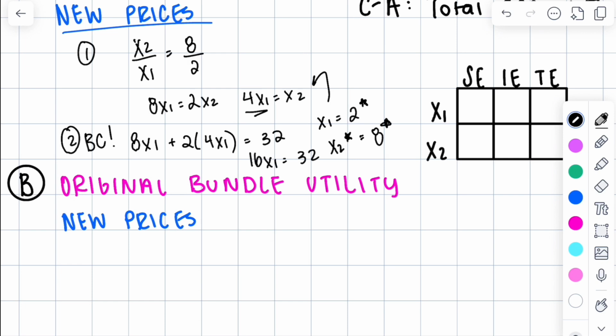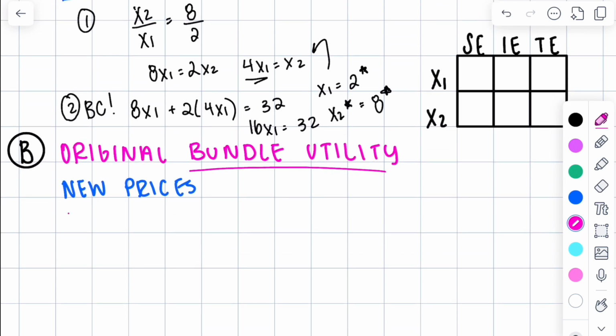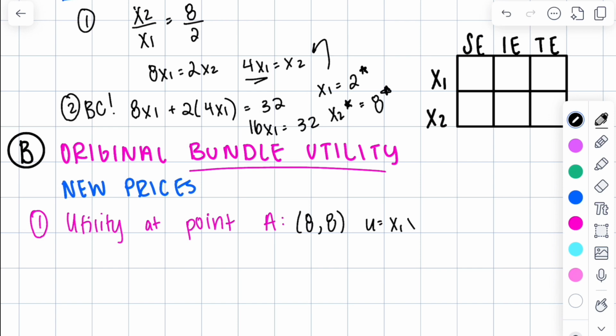Now, the reason that I go back to point B, so I go A, C, B, is because we want our original bundle utility at our new prices. So our original bundle utility is going to be whatever utility we got at point A. So I'm going to find utility at point A. We know that our optimal bundle at point A was 8, 8, and we know that our utility function equals x1 x2, so I'm just going to plug these inputs into my utility function, and out comes a utility level of 64.